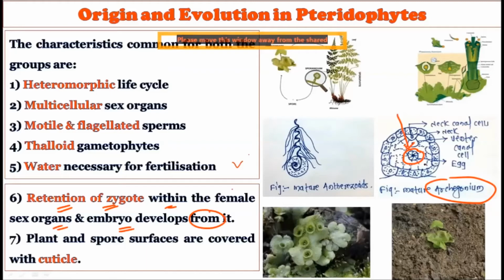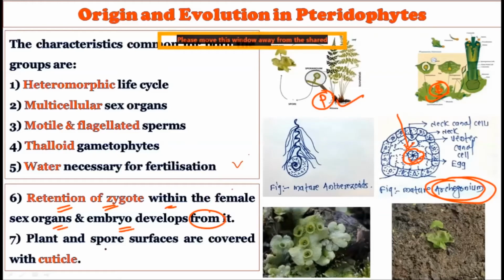This zygote is retained in the female sex organ, that is the archegonium. Whether it is a pteridophyte or a bryophyte, in both the archegonium, the female sex organ, is responsible for retaining the zygote. And this makes them very similar to each other.